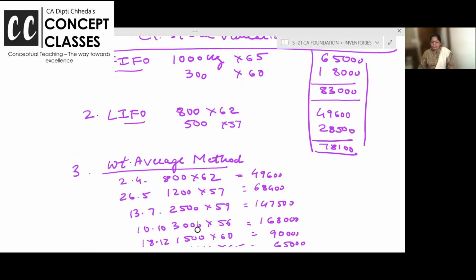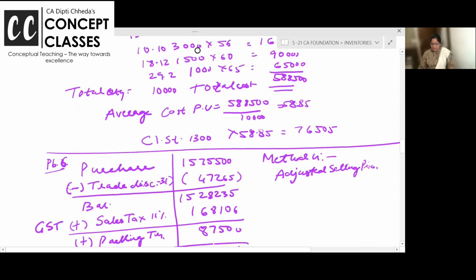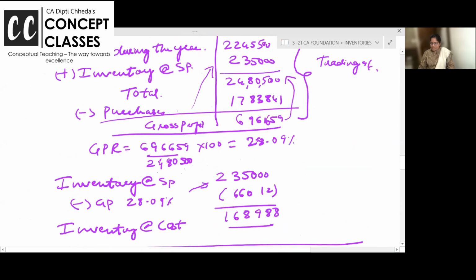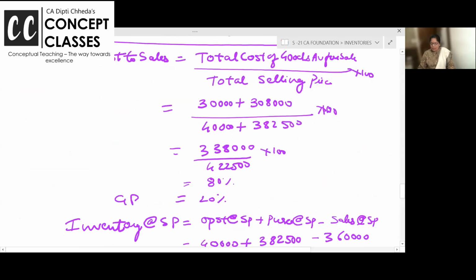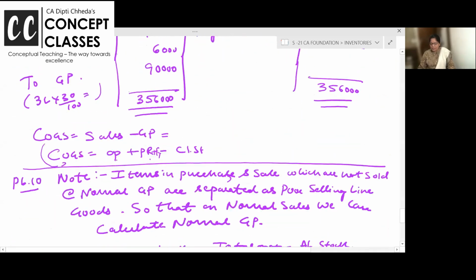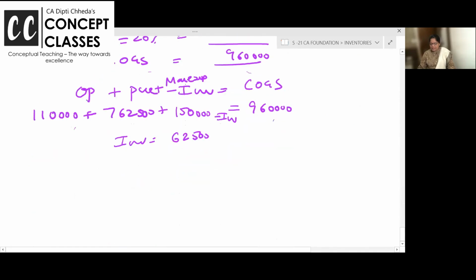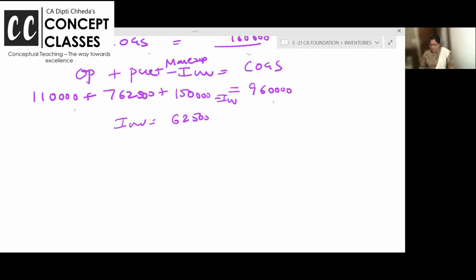This was a very logical and beautiful problem. With purchases, what will you add? Carriage inward, yes, all this you will add. GST and customs duty and all you will add, and then you will get it correct. So this is what we have done.